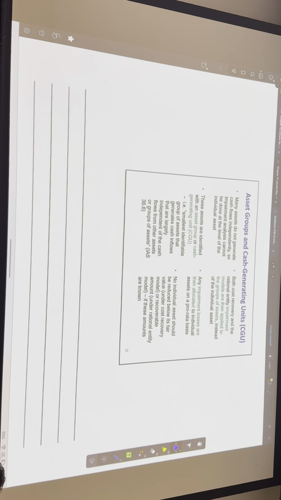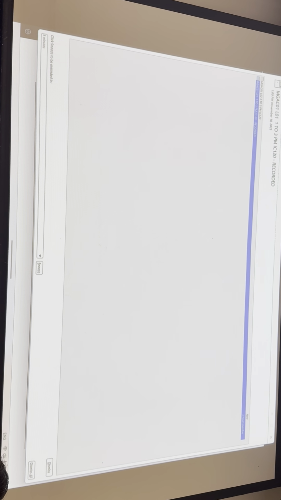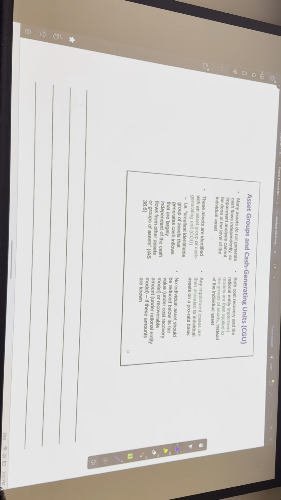In the supplemental problems that I'm going to do, there are questions about impairment loss, and you'll see that we're going to do them at the group level. When you do it in a group, the thing you need to realize is that when we calculate the loss, we're going to allocate that loss to each individual group of assets.